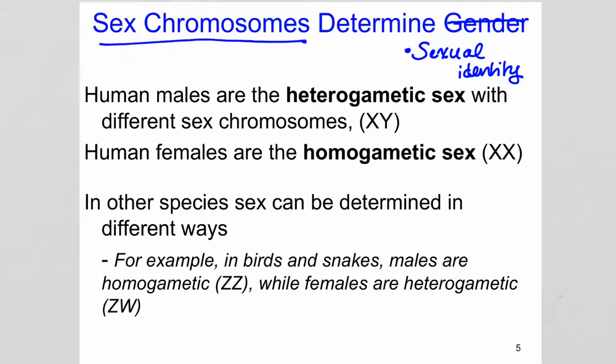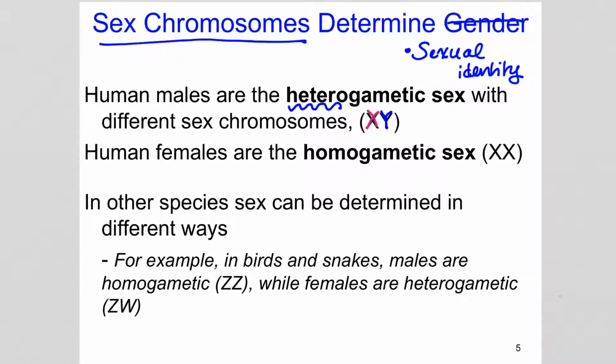So human males are what we call the heterogametic, meaning different, sex. And that's because they have these two different sex chromosomes. They still inherit one X from their mother. They also inherit the Y chromosome from their father.